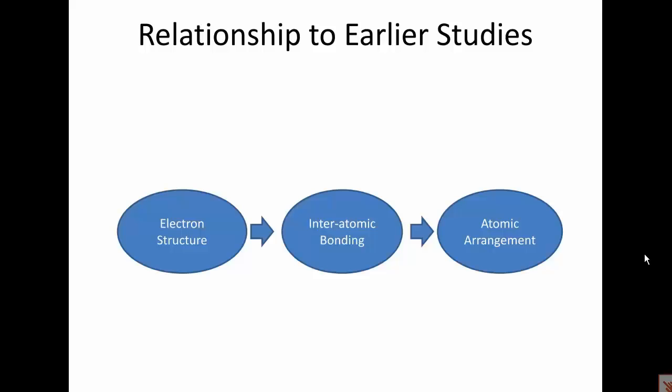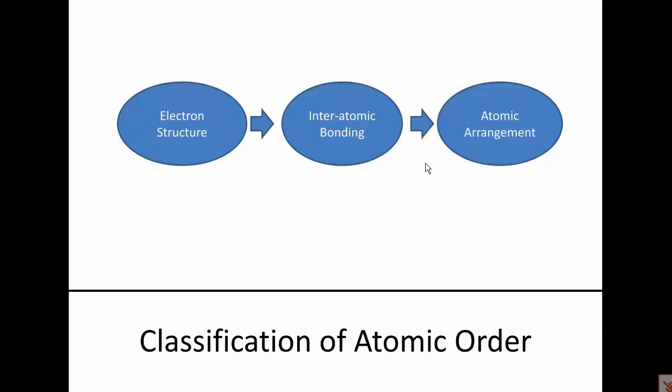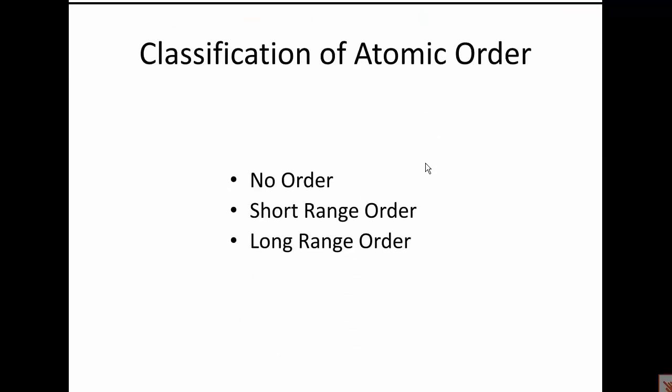This structure determines the type of bonds that form between atoms. And we talked about different kinds of bonding. The results of those different kinds of bonding result in an atomic arrangement, and that is the subject of our study in this learning module.